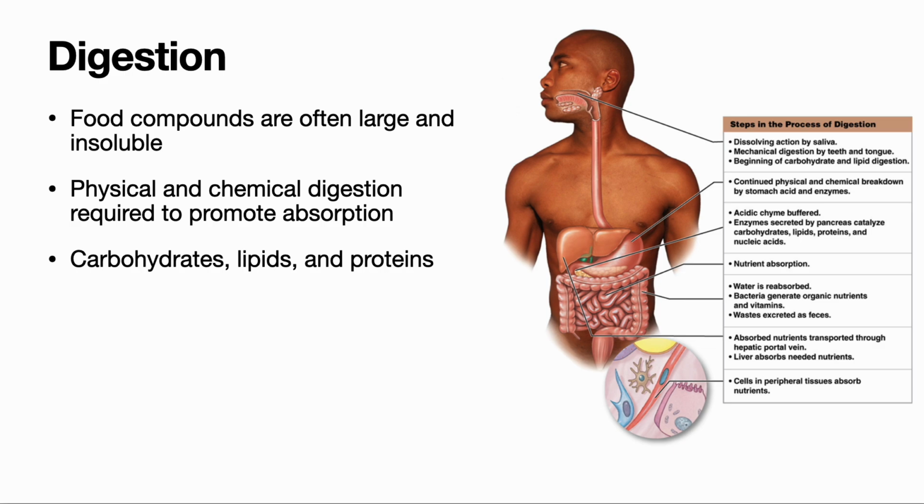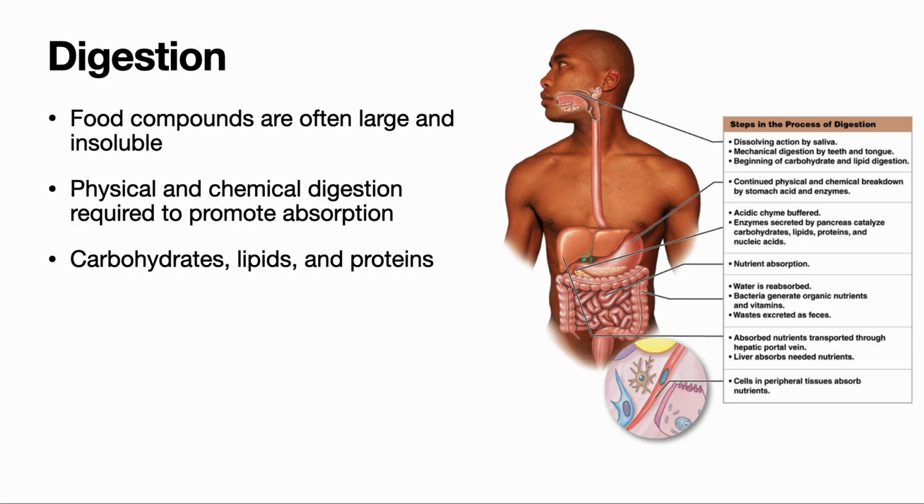So, let's just remind ourselves, big picture, that the food that we eat comes in compounds that are typically too large for us to immediately extract nutrients from, and they are often water insoluble.